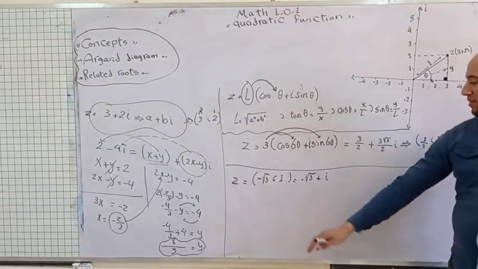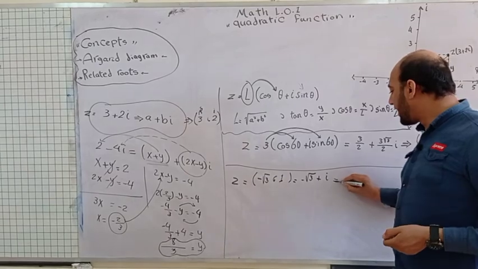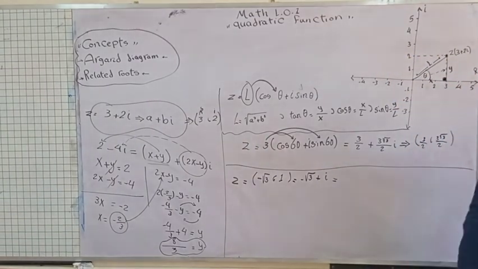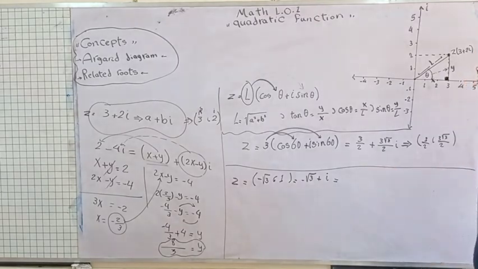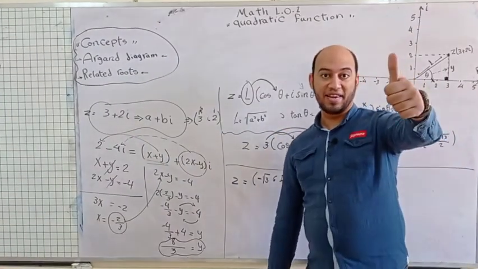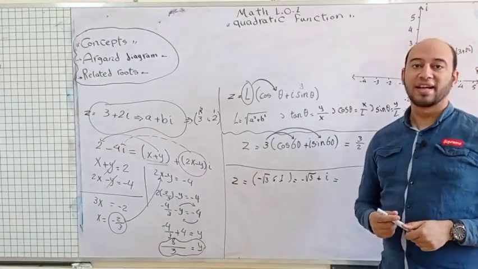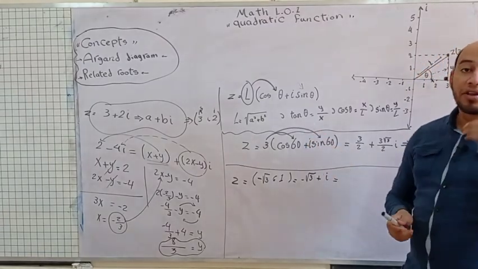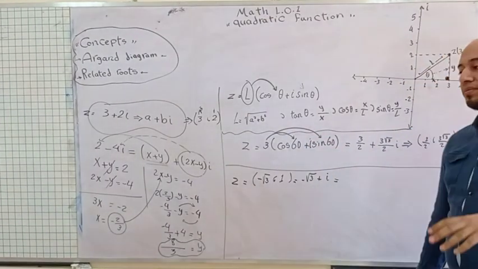Ordered pair, algebraic form, we can convert it to the triangular form. To get the triangular form, you want to get these two values, L and theta. The modulus L and the argument theta. Okay? How can we get them?